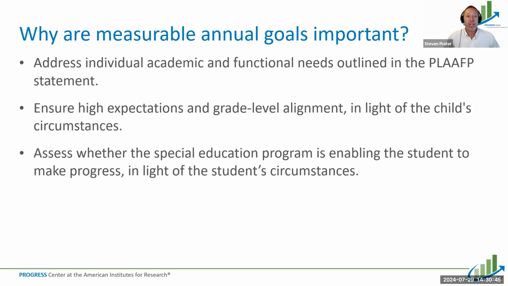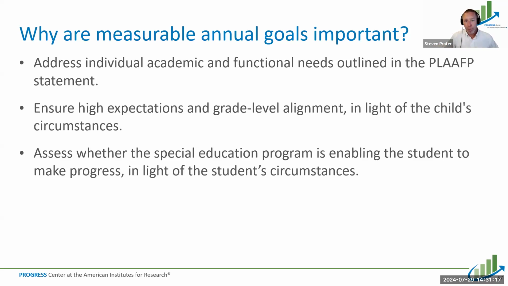So why are measurable annual goals so important? So we've kind of mentioned some of these already, but number one is they address some of those specific academic and functional needs that are outlined in the PLAF statement. Number two, it helps to have those high expectations. Those goals ensure we have high expectations and alignment to the grade level activities. So just to clarify that a little bit, it doesn't mean that you have to take the exact grade level skill for a student and then make that their IEP goal.